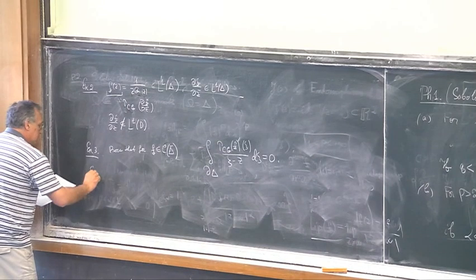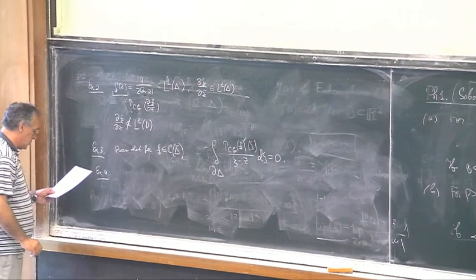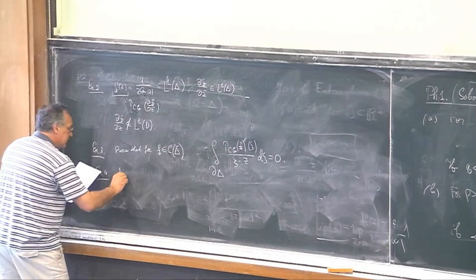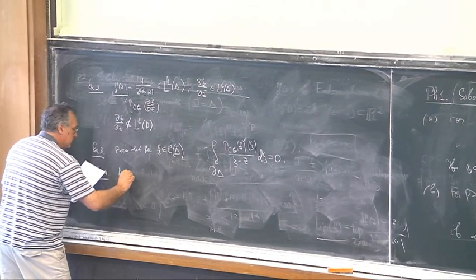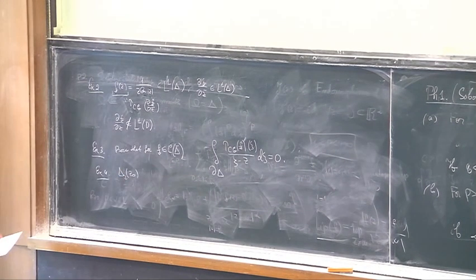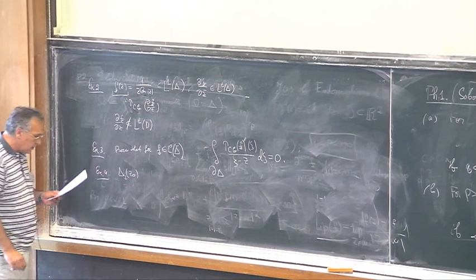And the last thing: let delta r of z0 be a disk of radius r with center at z0.